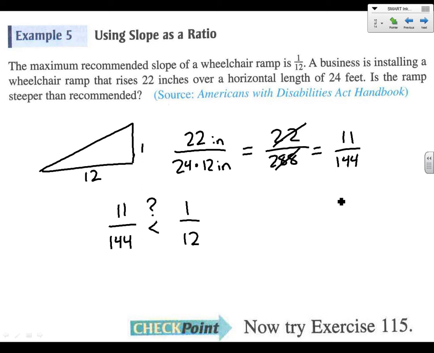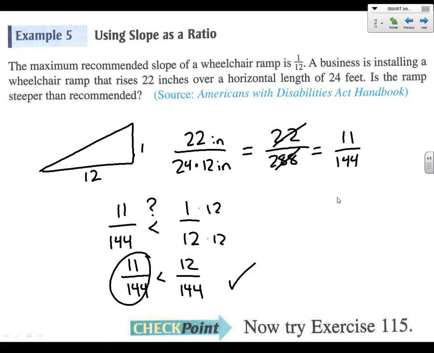We would multiply both of these by 12 to get a common denominator. Is 11 over 144 smaller than 12 over 144? Just barely. So our ramp is kosher. It's going to work. Okay? See if you can use similar thinking for exercise 115.